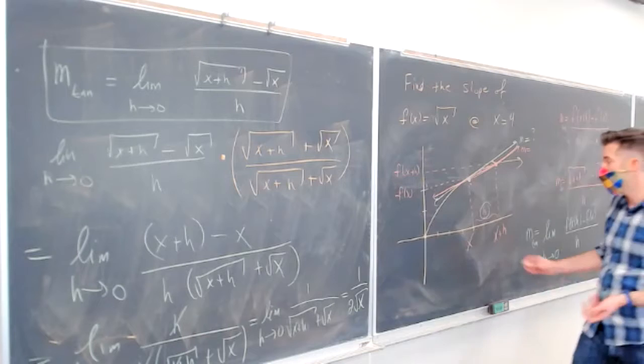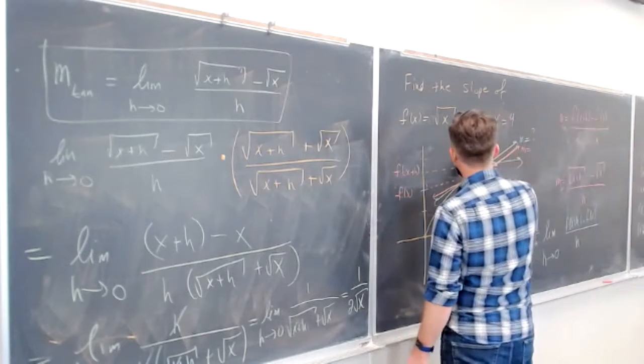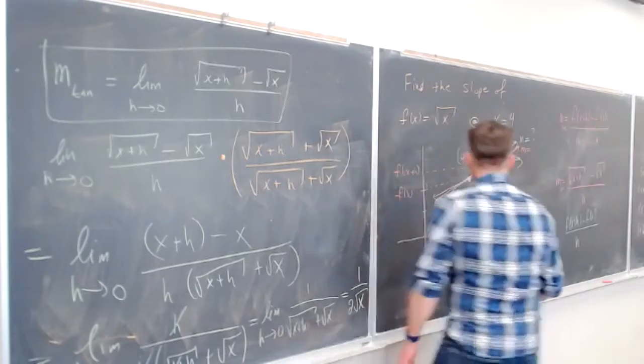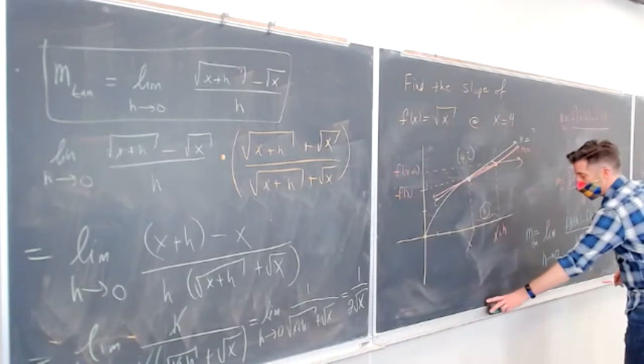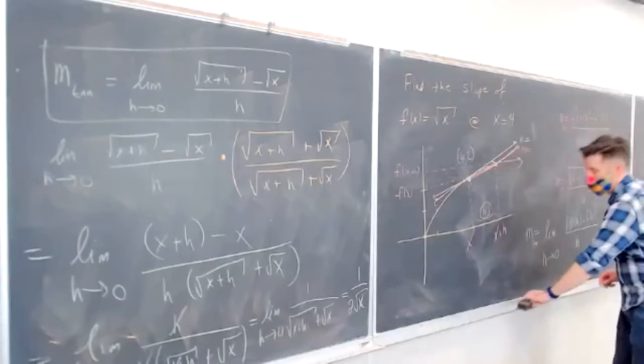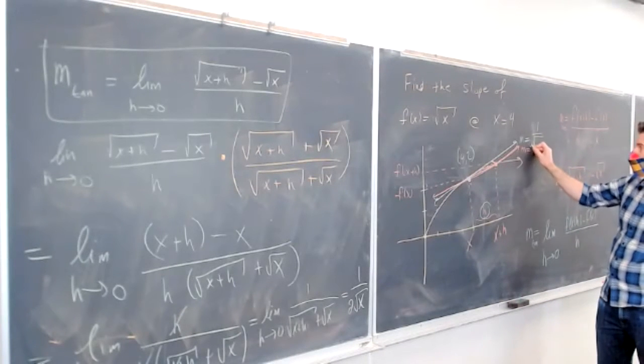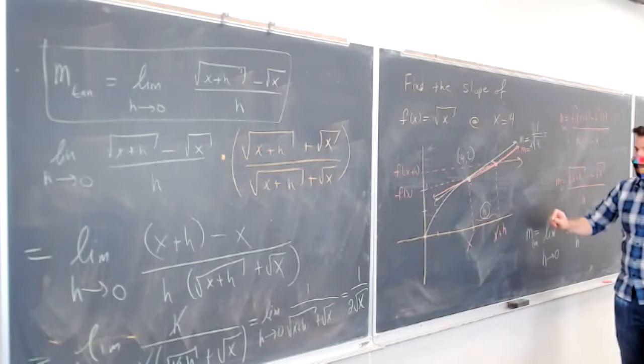So specifically, at this point here, when x is 4, y is 2, the slope of this line is going to be 1 over 2 times the square root of 4, which is going to be 1/4.